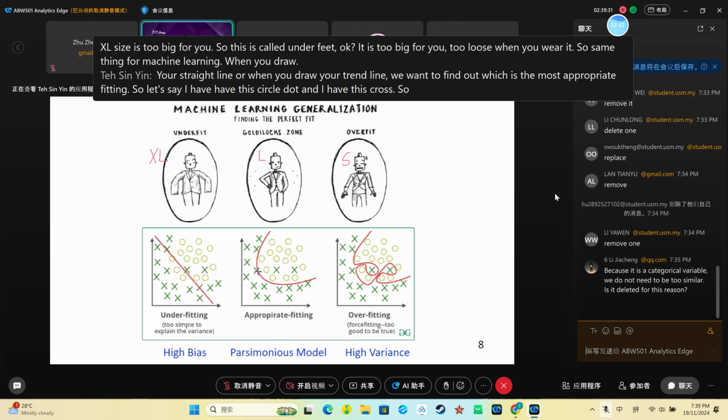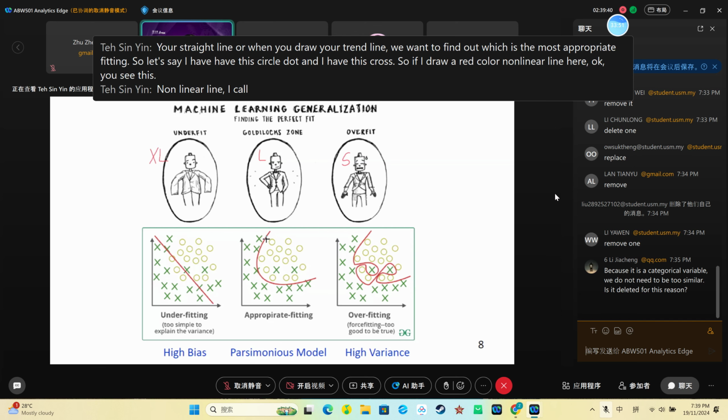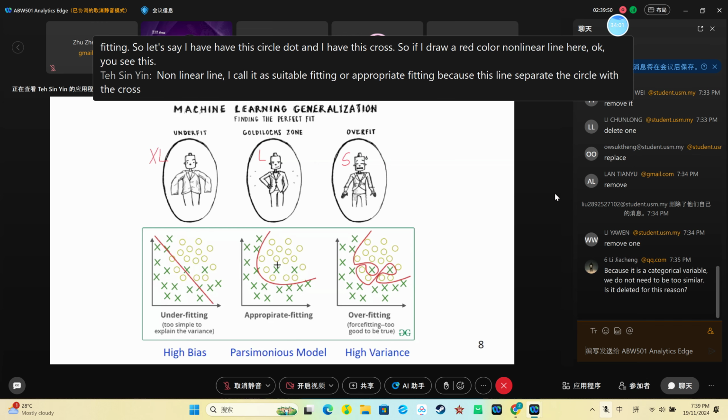If I draw a red non-linear line here, I call it a suitable or appropriate fitting because this line separates the circles from the crosses. Although I can still detect maybe two crosses inside here, it is still okay.